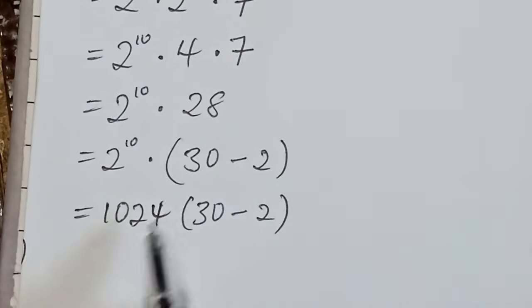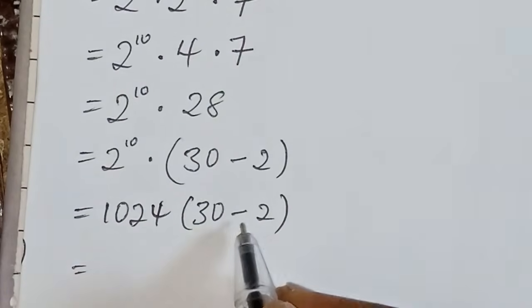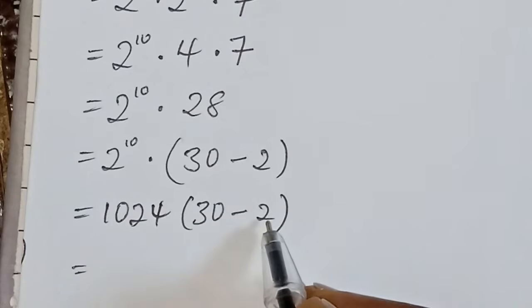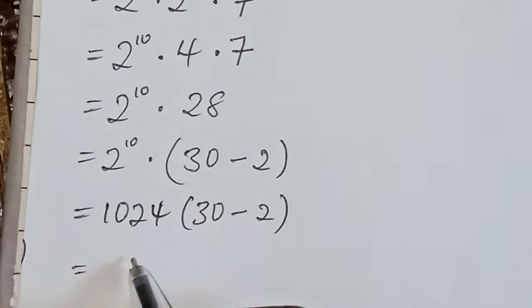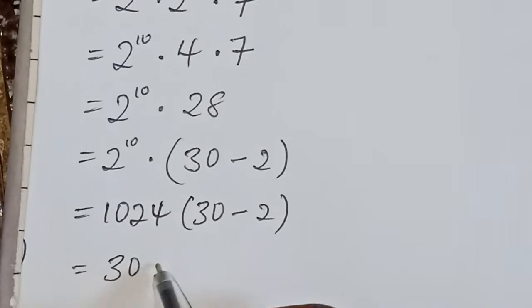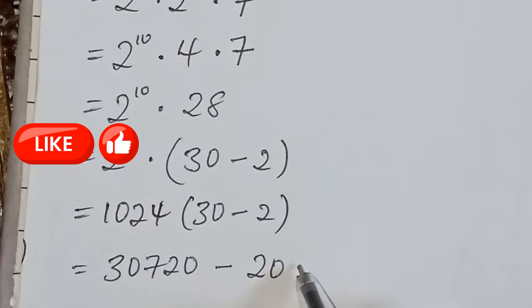Now from here, if we multiply this value with 30, and also subtract the multiplication of 2, we are going to get 30,720 minus 2,048.